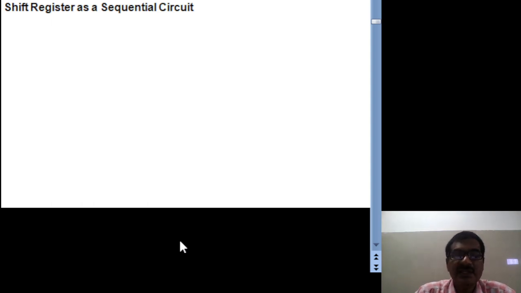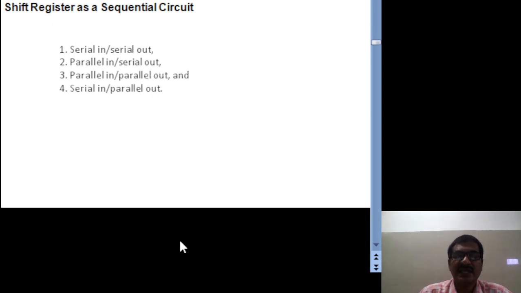On these shift registers in digital circuits, different operations can be performed: right shifting, left shifting, right shift and circulate, left shift and circulate. Based on those operations, the shift registers are categorized into four types: serial in, serial out shift register; serial in, parallel out shift register; parallel in, serial out shift register; and parallel in, parallel out shift register.